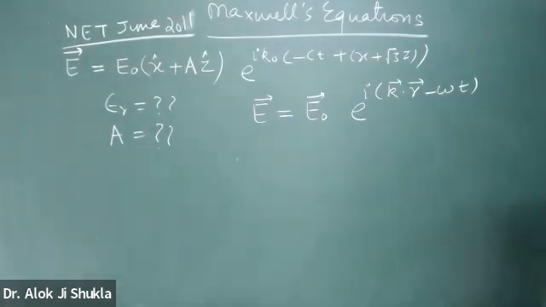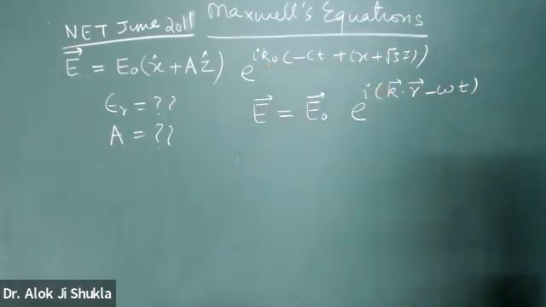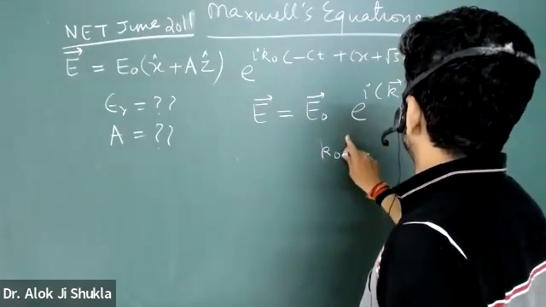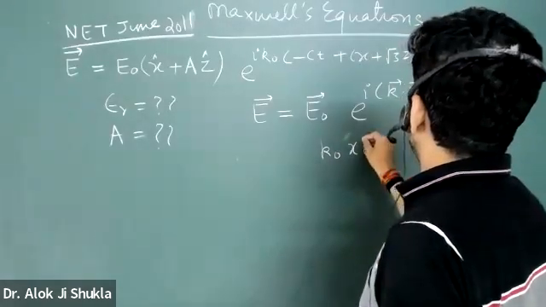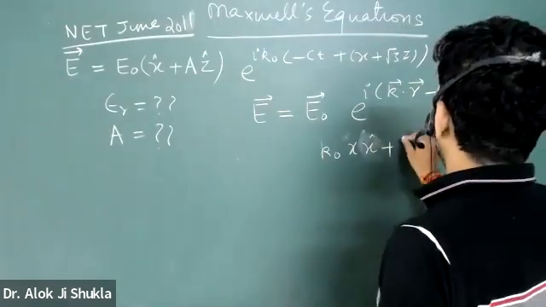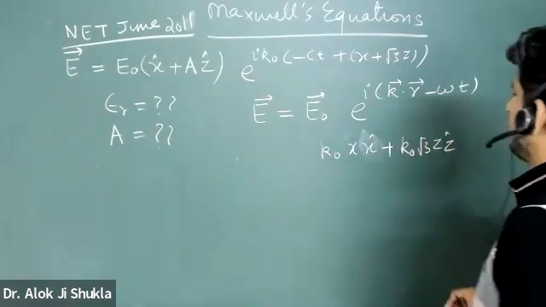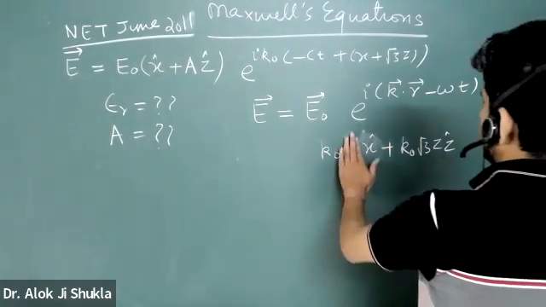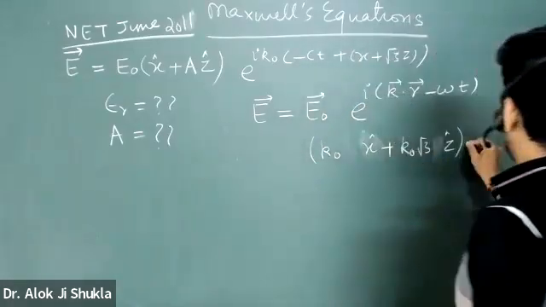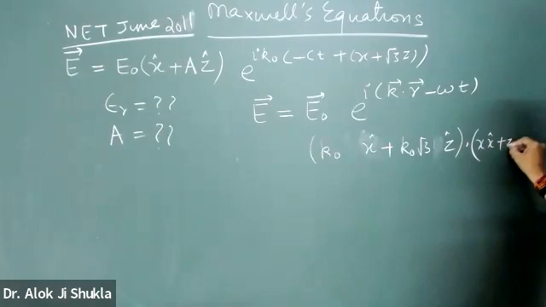To write it in this form, you see this is the r part, so it will be k naught times (x cap plus z cap), x cap plus k naught root 3 z cap. So this will become k, and take the dot product with r, which is x cap plus z cap.